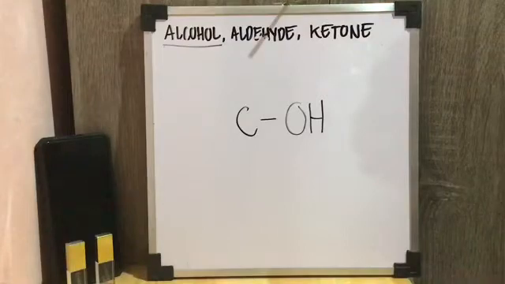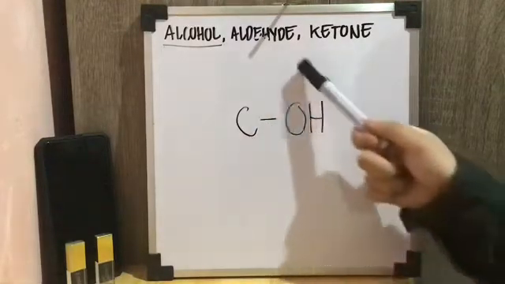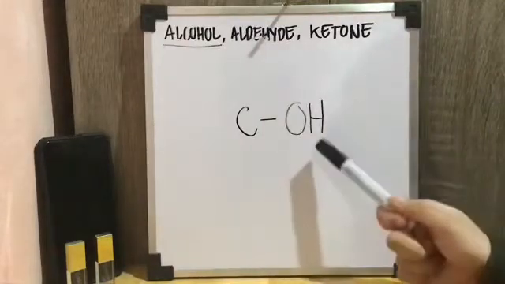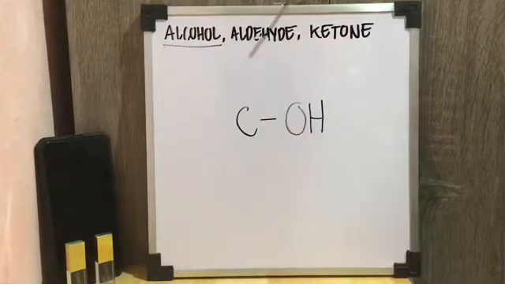This carbon atom is attached to the mother chain, which is the longest chain in the organic compound. This means that the hydroxyl group, the OH or the alcohol, is an attachment to the mother chain.